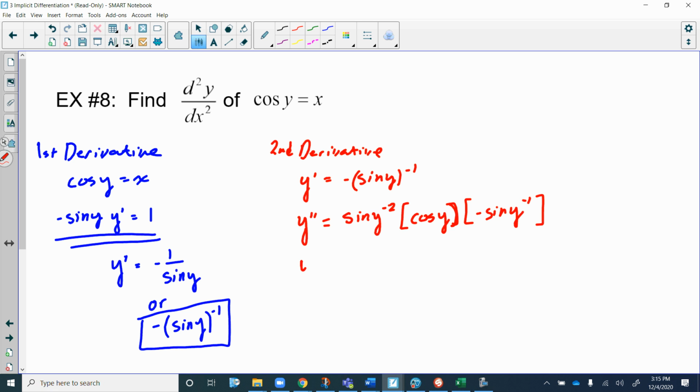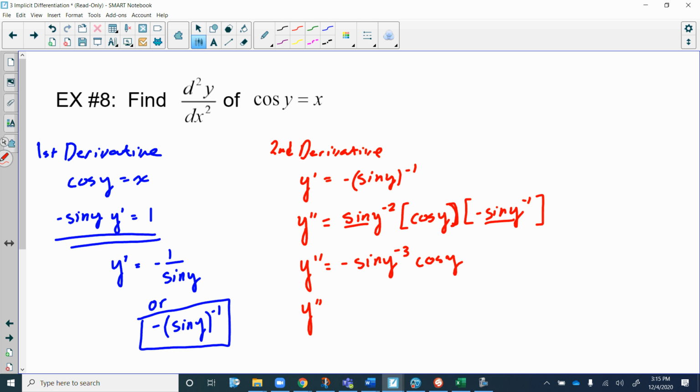Okay, so at this point, looking at the values here, we have bases that are the same, so we can combine those bases. That'll be negative sine y to the negative 3rd power times cosine of y. And of course, because the exponent is negative, we'll move that to the denominator.